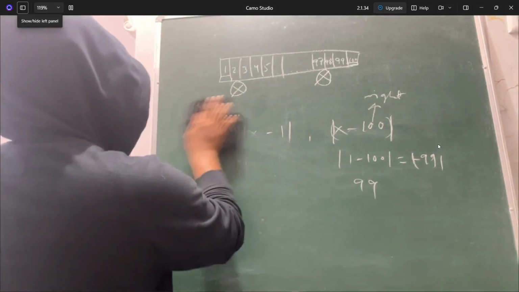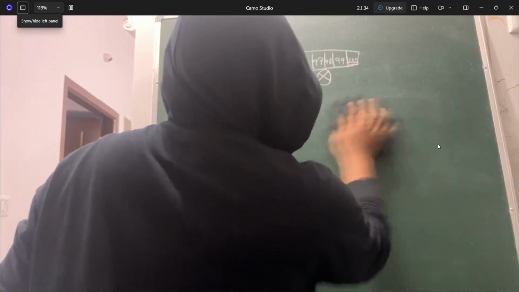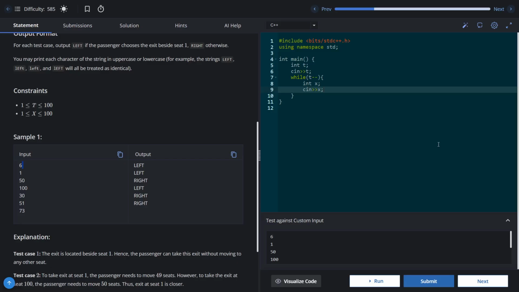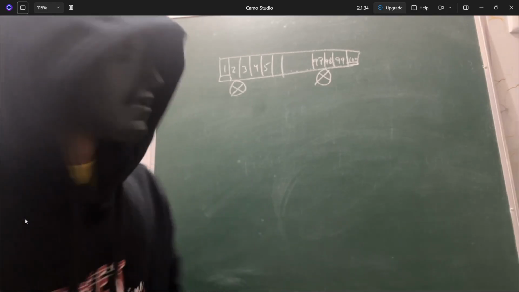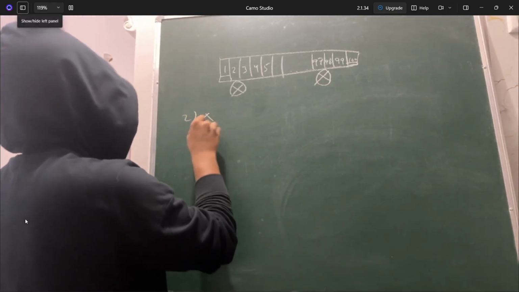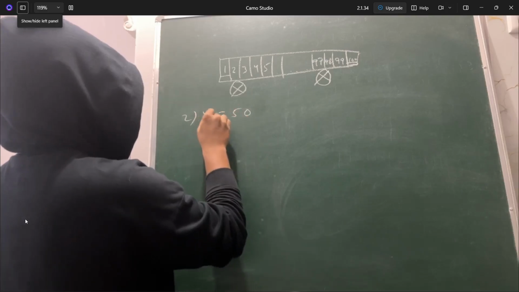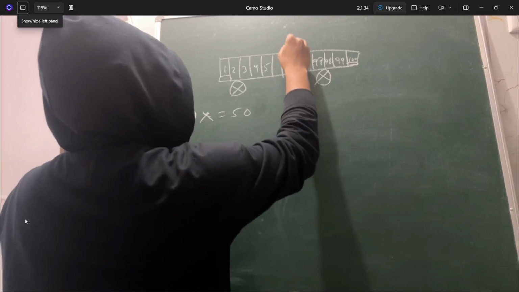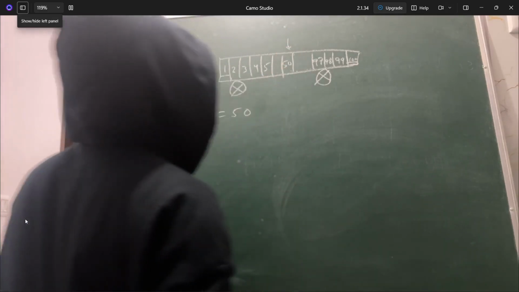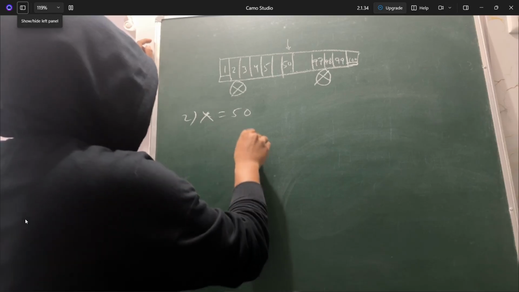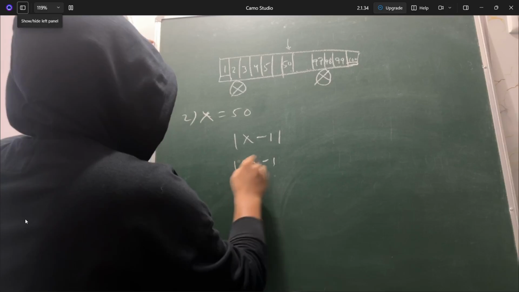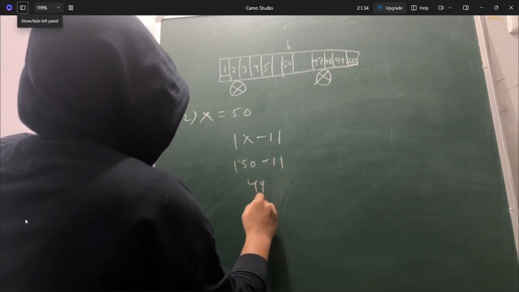Let me try to explain the second example. The second example they've given is 50, so x is equal to 50. Somewhere here, let's say, is seat 50 where the person is sitting. We need to find out which way he will choose. Again we do x minus 1, which is 50 minus 1, which is 49.